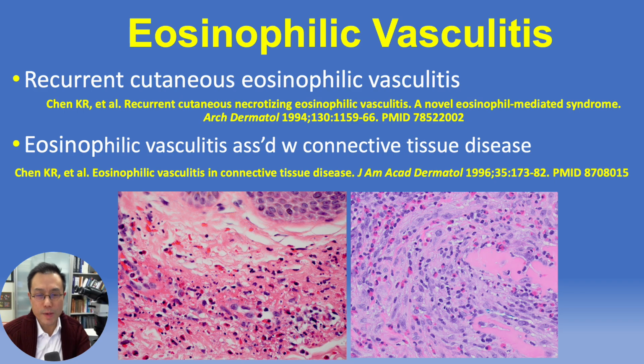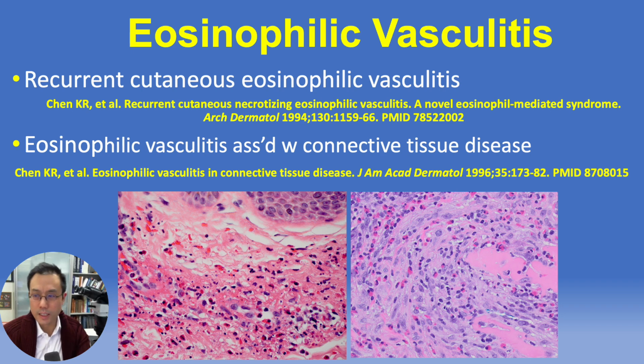Some people who know me know that I never like to forget about those eosinophils at the microscope, even if they are associated with connective tissue disease. So I'm going to close out the section on vasculitis proper by mentioning a couple rare variants of eosinophilic vasculitis.